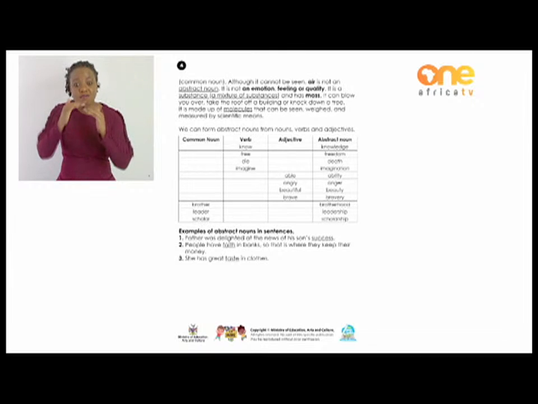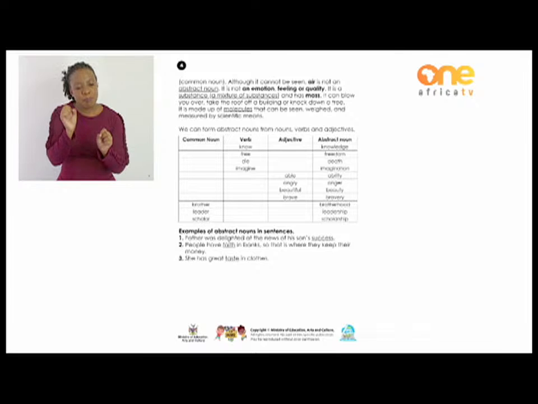It can blow the roof off a building or knock down a tree. It is made up of molecules that can be seen, weighed, by scientific means. Right, so that's our air.